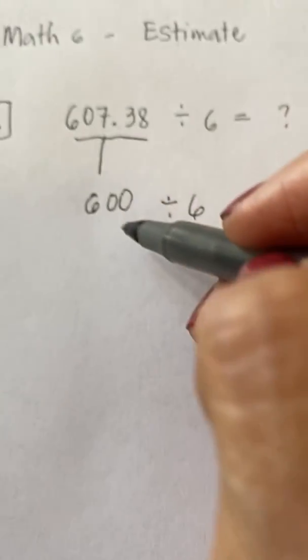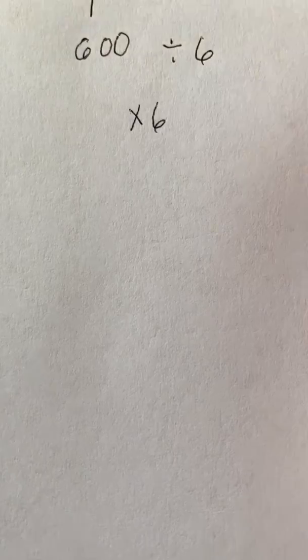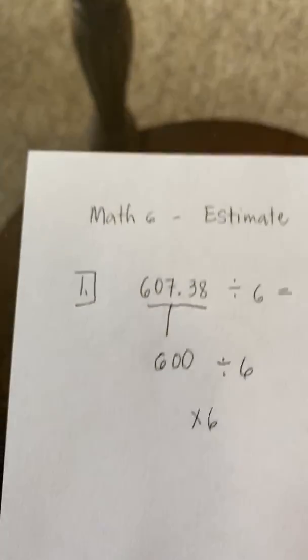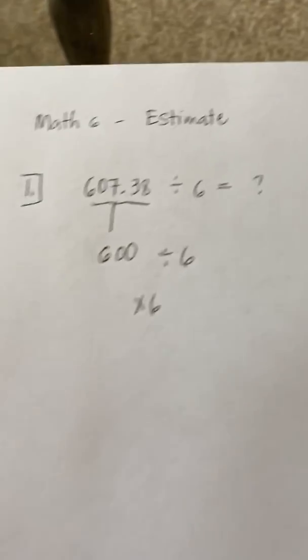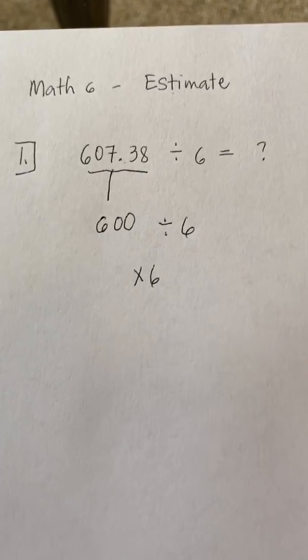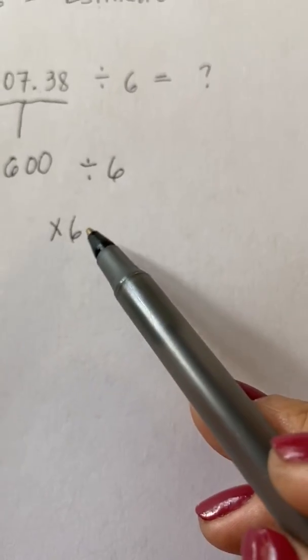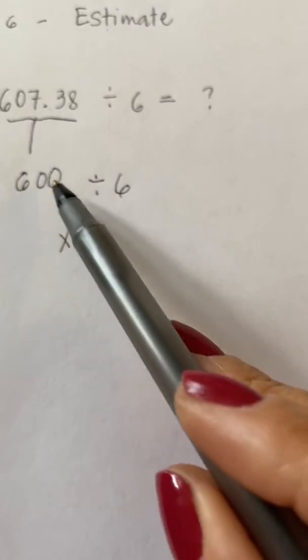I will go back to my multiplication table. And what will that be? I will make it times 6, because as I have said, it's easier to multiply rather than dividing. So what number shall I multiply 6 to give me 600?